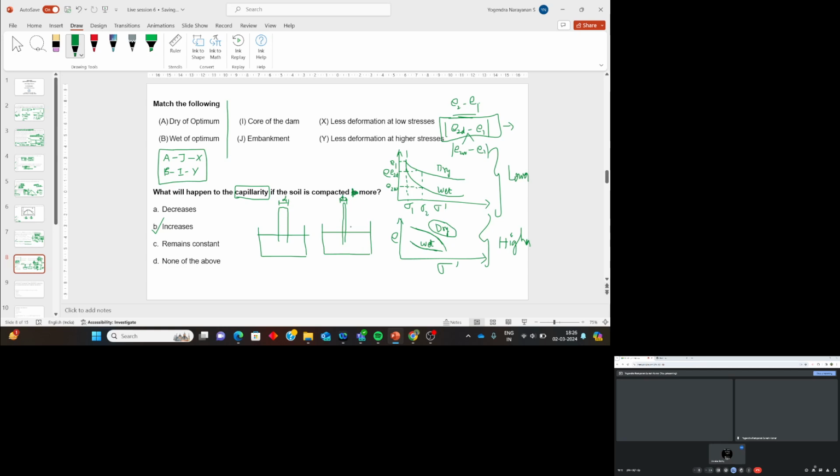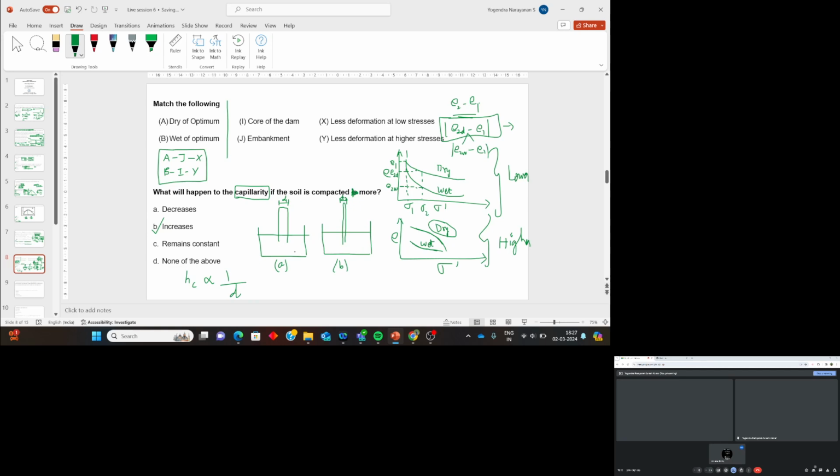Let us consider this as case A and this as case B. Which will have a more capillary rise? Capillary rise will be more when the diameter is smaller. hc is inversely proportional to D.